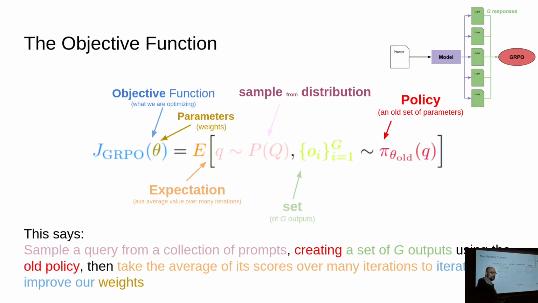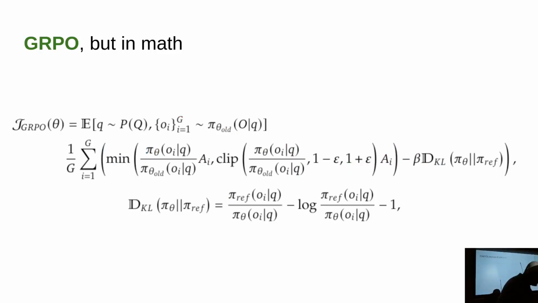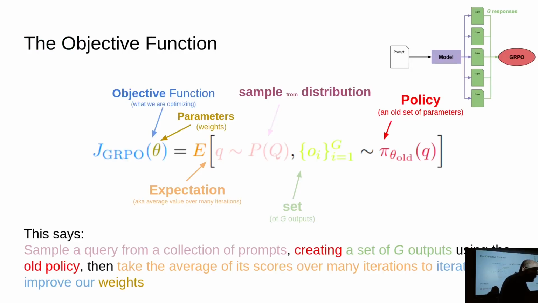Take the average of its scores over many iterations and use that to iteratively improve our weights, which is the part you can't see. That seems pretty straightforward and kind of describes what we saw here. That is, again, just this top line, and this line is essentially an expansion of that and how you would actually do it mathematically. So let's dive into that.